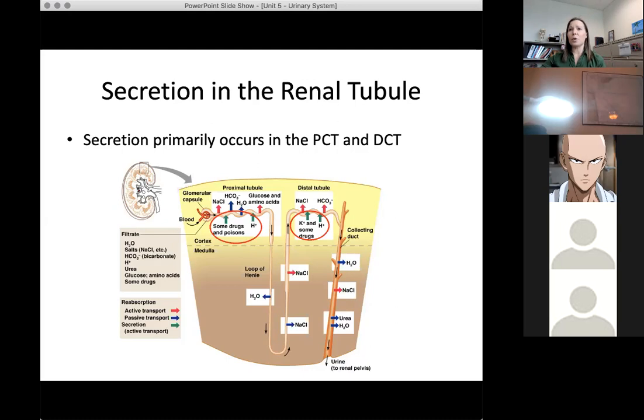So there's a few important functions of secretion: to remove substances that are attached to plasma proteins. There are certain things that attach themselves to proteins. Because these proteins are too large to be filtered, the substances that attach to them will also not be filtered.